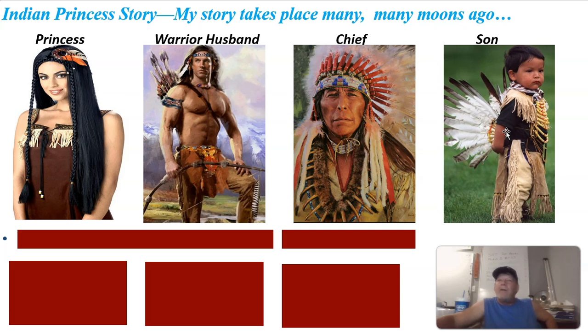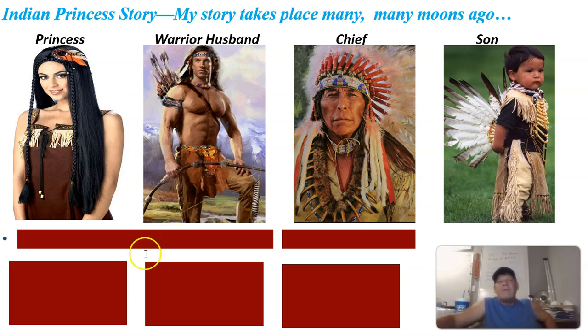So he came on back to the princess, the warrior husband's wife, the daughter of the chief, and he's crying. And the chief comes into their teepee and says, "Boy, not cry." And the princess said, "Oh, come on, Daddy-O.